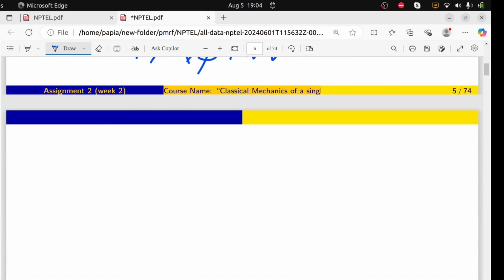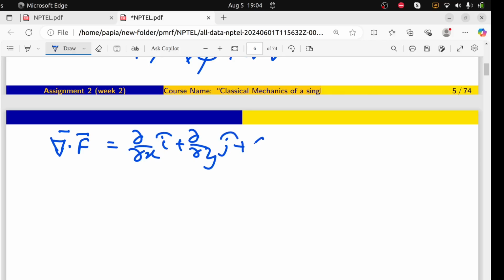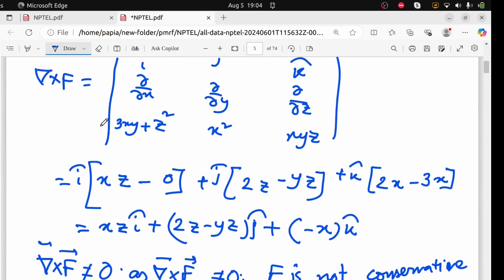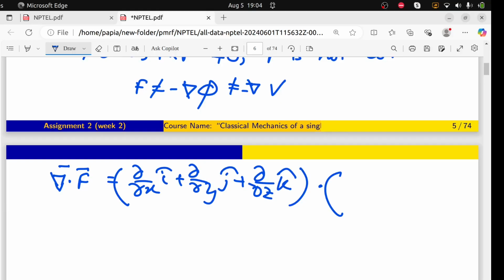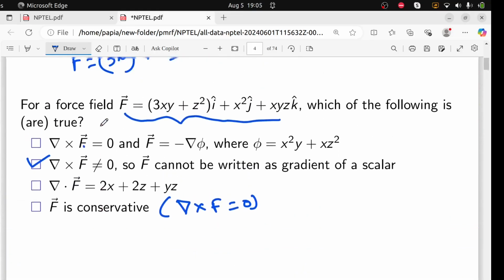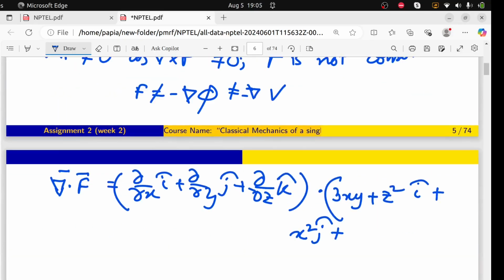Now calculate divergence of F. 3xy plus z square, x square, and xyz k cap.